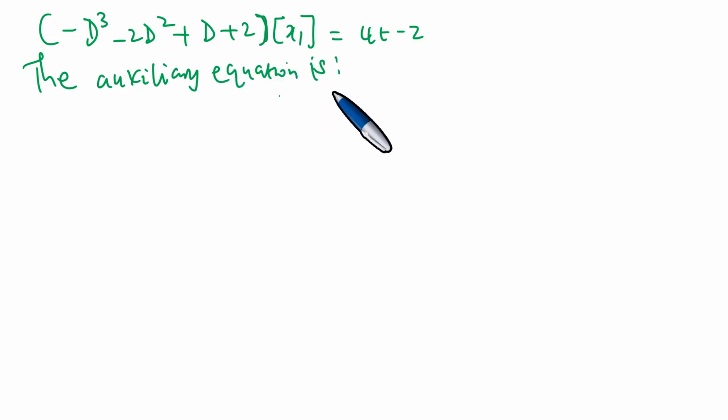What is the auxiliary equation? It is the equation written in terms of m; normally we use m straight away. So this becomes m cubed. You can write minus m cubed here, and this one becomes minus 2m squared.